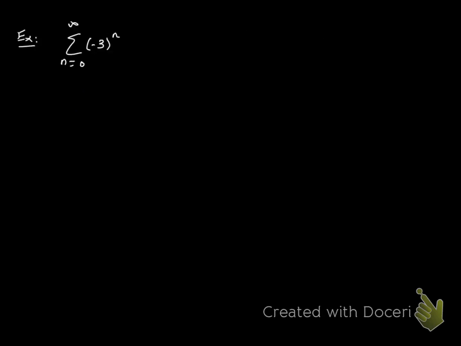It's a quick one. Minus 3 to the n. That's a geometric series, right? And we can show very quickly that this guy does indeed diverge. Well, look what happens when I go out term by term. I get 1, then minus 3, plus 9, minus 27, so on and so forth. All right? There's my c sub n if I were to treat this like an alternating series.